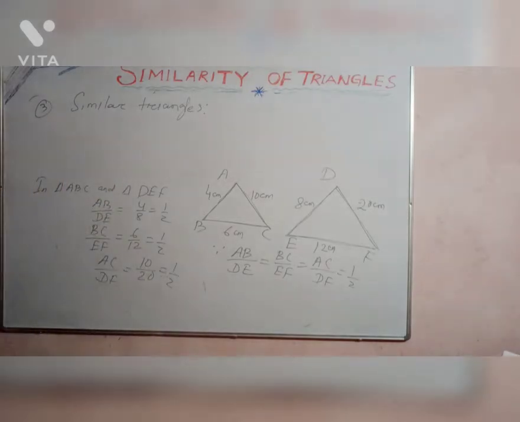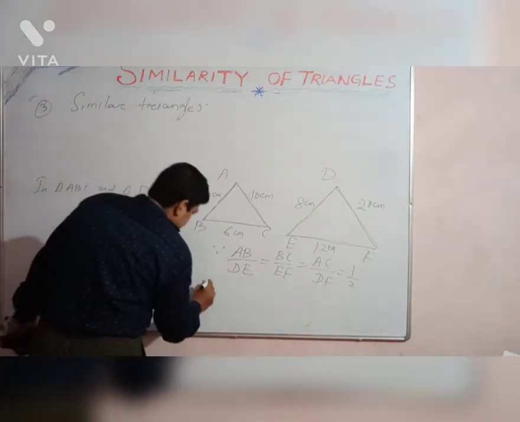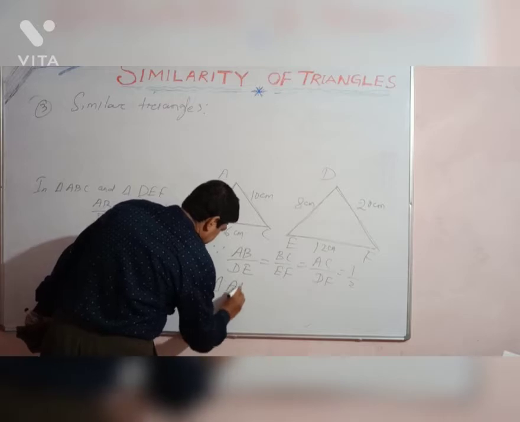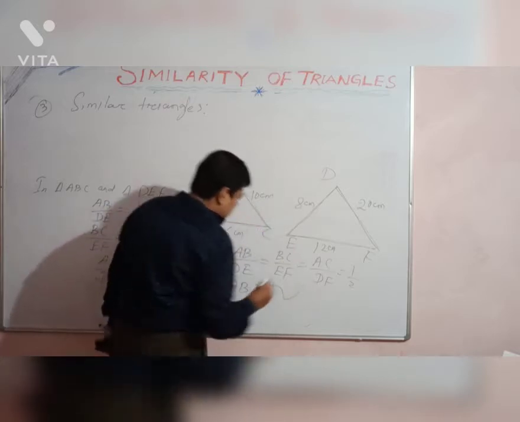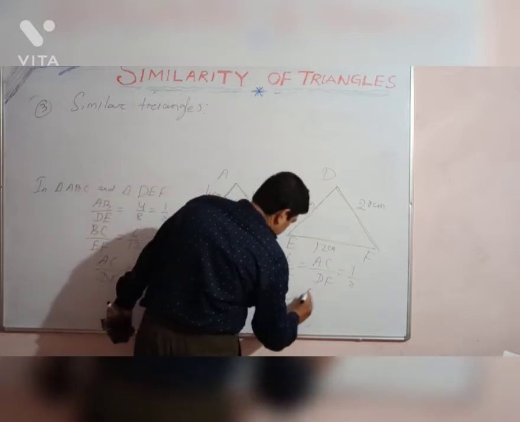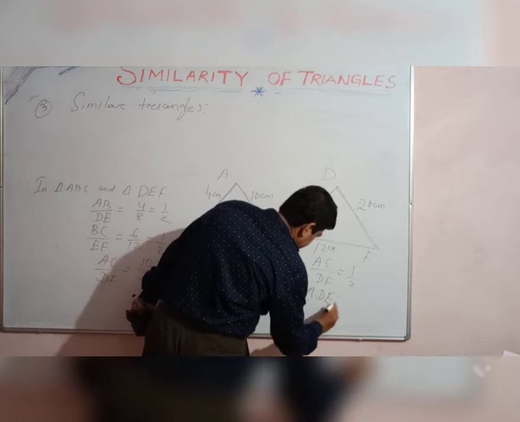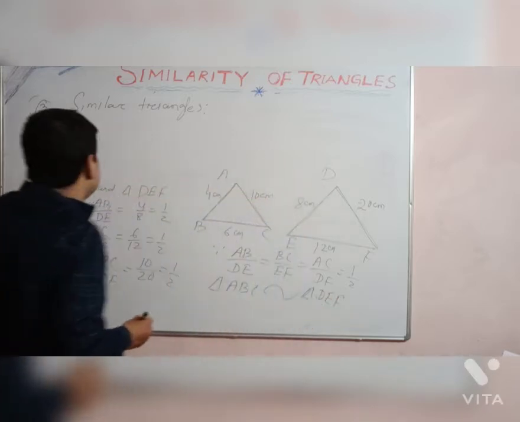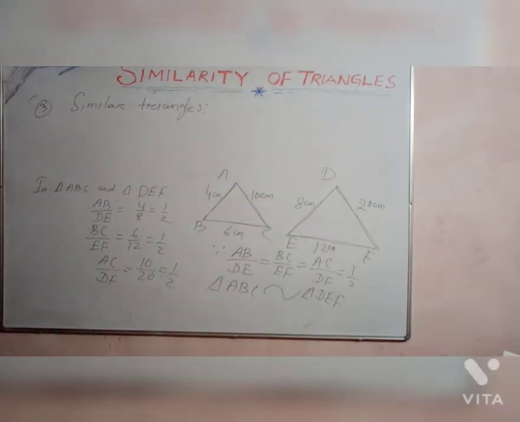So we can say triangle ABC is similar to triangle DEF. This symbol stands for similar. Then we can say the two triangles are said to be similar.